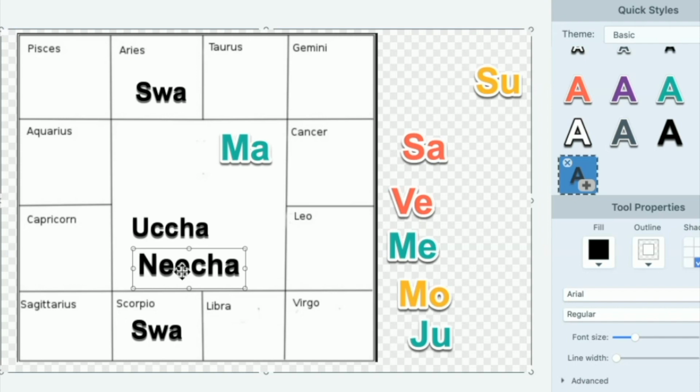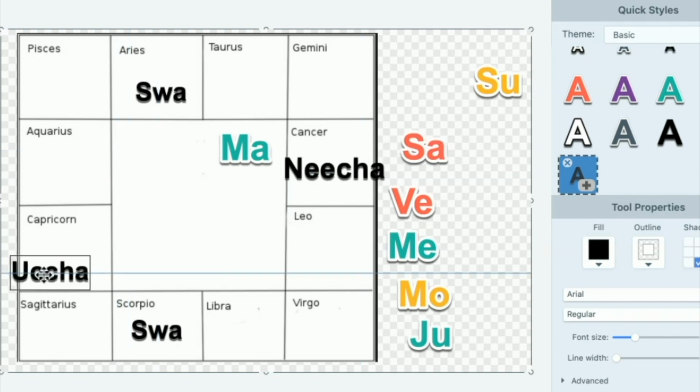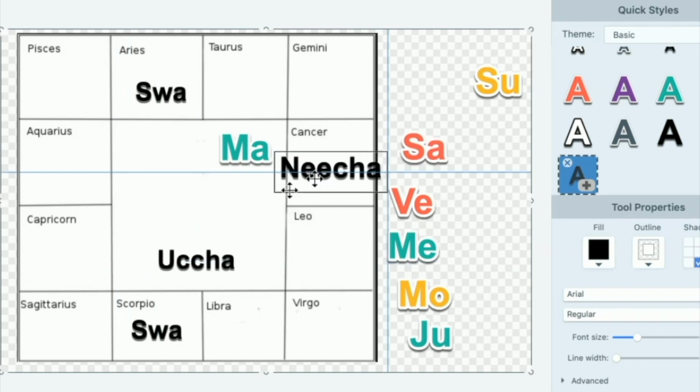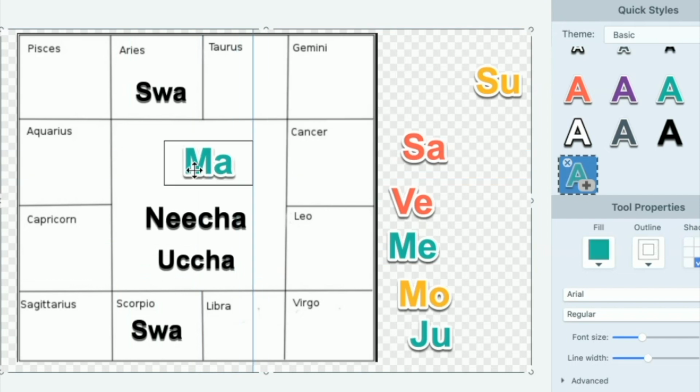Debilitated in, I already forgot, Cancer. Yes, and Capricorn is exalted. Yeah. So what's a quick way for you to remember where it's debilitated and exalted? One quick way to remember where Mars is debilitated is to think about what Cancer represents. It represents the family, the fourth house, home.